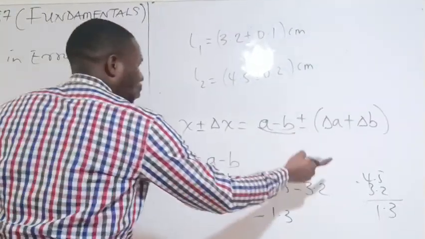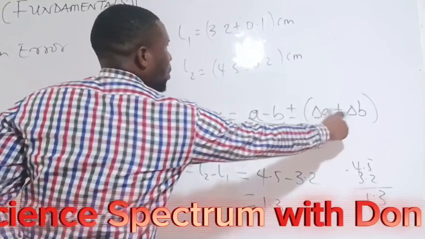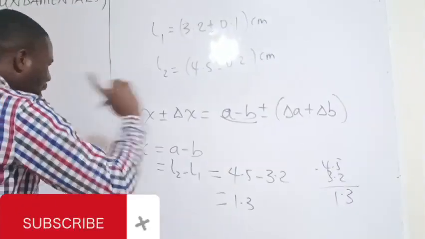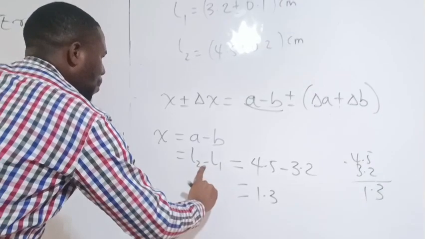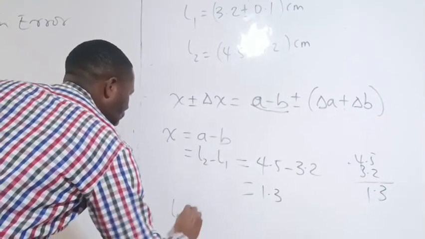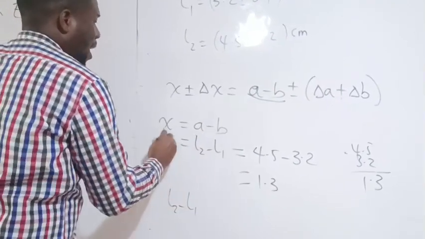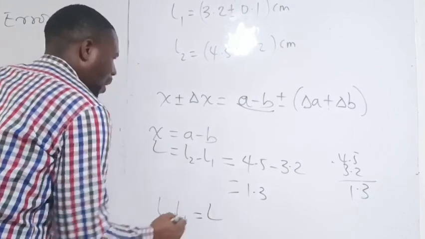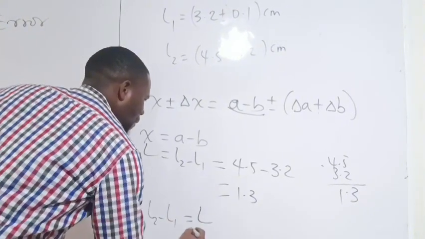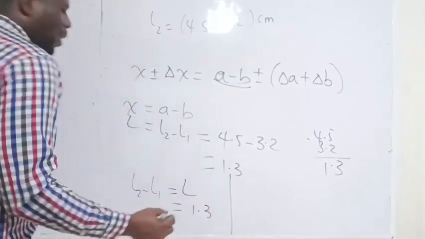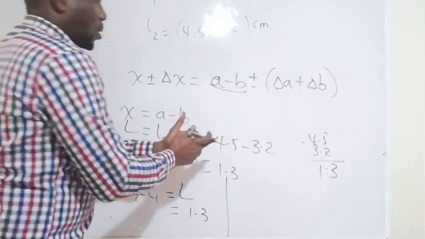Now I could stick in the absolute errors, for the first measured value and for the second. In other words, my x, which is L2 minus L1, I could just call L. So L was found to be 1.3. Then the absolute errors, I could just sum up.